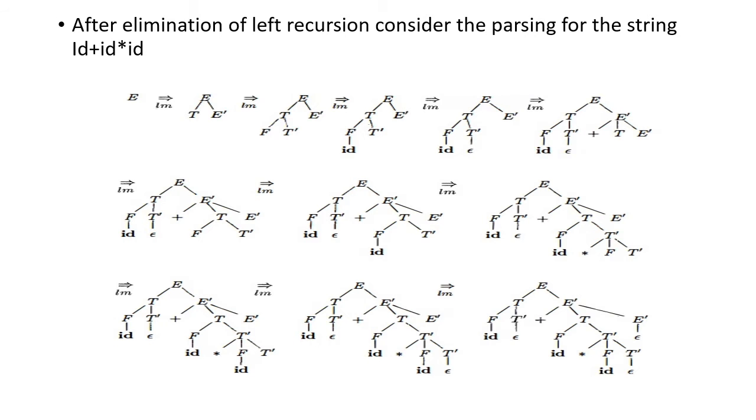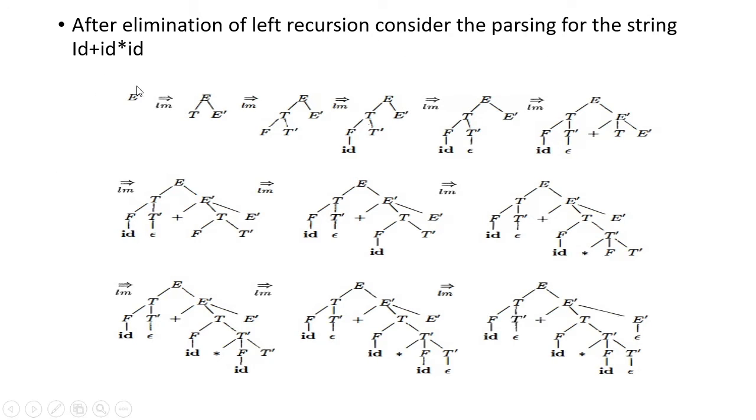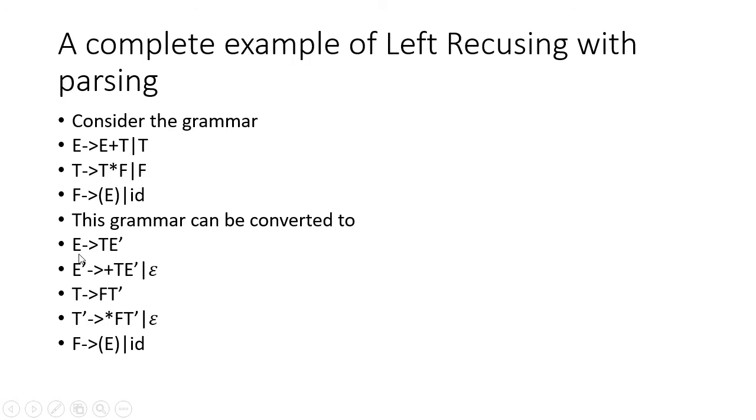Now once the grammar is converted into a left non-recursive grammar, then if you have a string id plus id into id and you want to find out whether there is a solution or not, we just start from the top. The grammar starts from E derives T E dash.